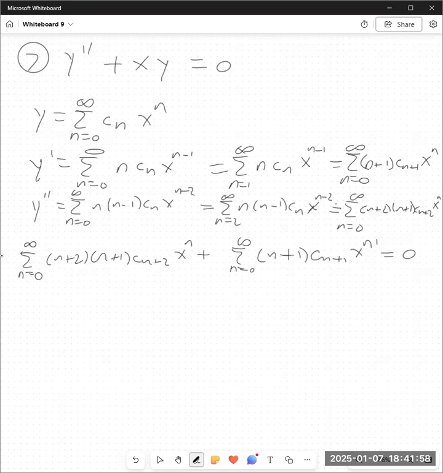I'm going to take advantage of the second form that I have written here and say, well, I can go back and write this as n equals 0 to infinity, n c_n x^(n-1).